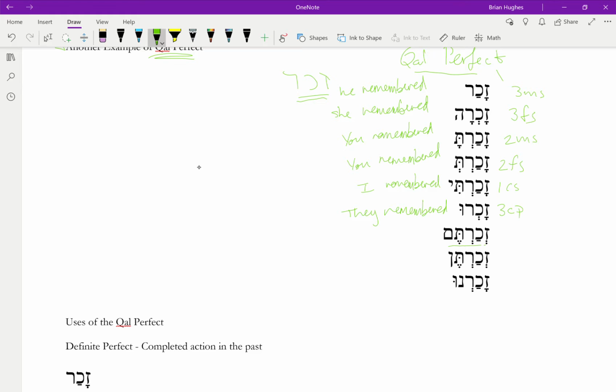Zechartem, second masculine plural, y'all, either all males or a mixed group, remembered. Zecharten, second feminine plural, y'all, a group of females, remembered, or perhaps a plural of a feminine object, remembered. And zacharnu, first common plural, we remembered.